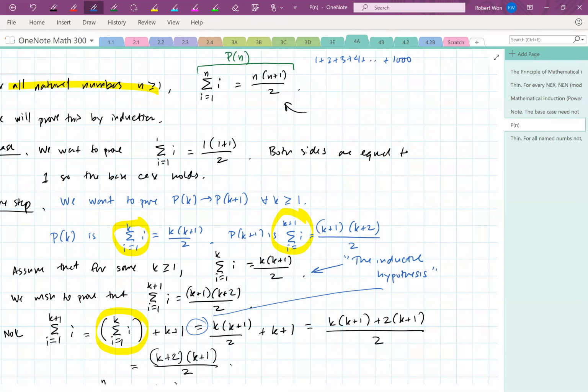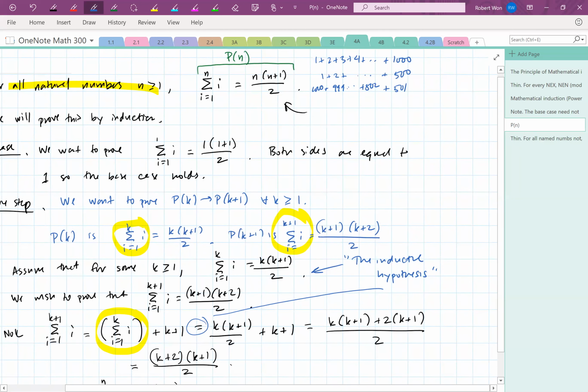Supposedly, he noticed that you can break this sum up into a bunch of pairs, right? So what you can do is you can take 1 plus 2 plus up to 500, and then you can go plus 501, 502, up to 999, 1,000.